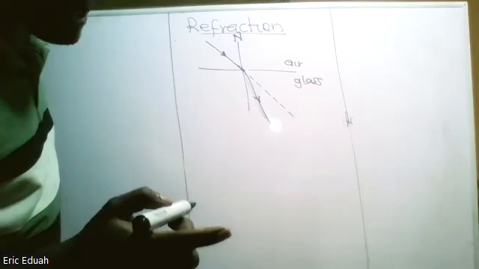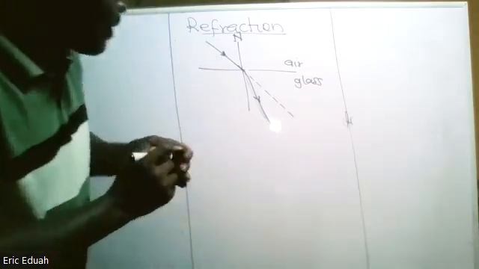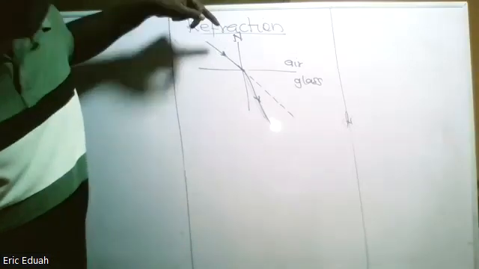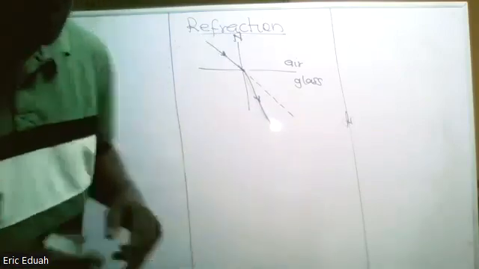So we can express refractive index by the change in direction, the ratio of the direction in one medium to the direction in the other medium.